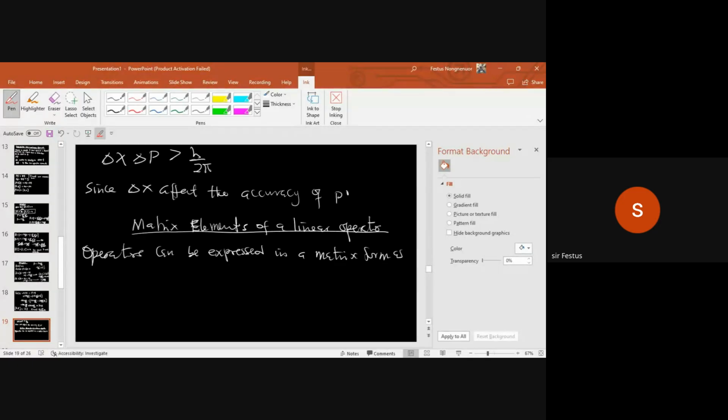So if A is a matrix, then this matrix is defined as this, A_ij. The i and j signify the row and then column element of A. So i takes the row, j takes the column.